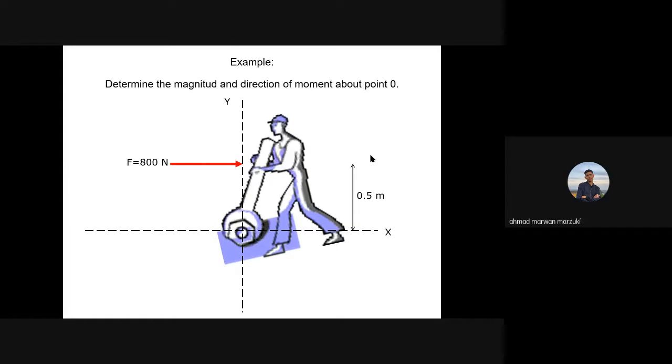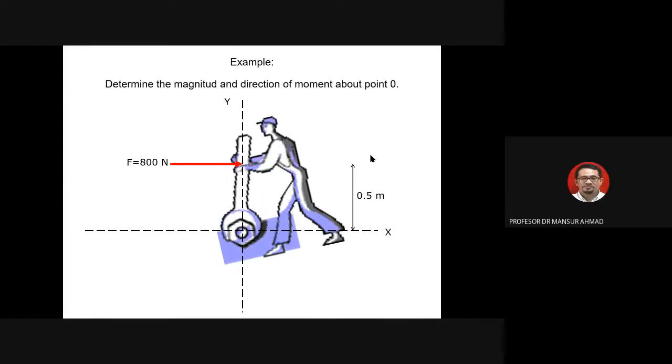From left to right. When you look at moment, you don't see that is in left or right. When you are looking at moment, you are looking at rotation, berpusing. Dia memusingkan bolt tu. You cannot see that as going to your right or going to your left.